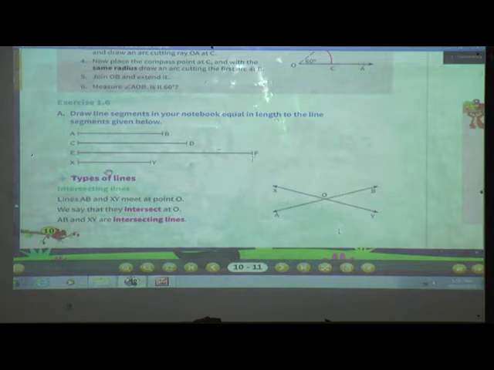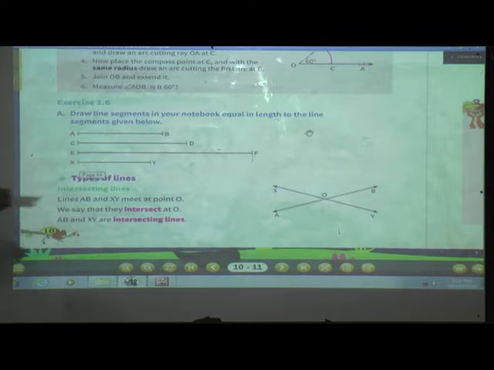What is it? Draw line segments in your notebook equal in length to the line segments given below. Here are some line segments. See. Segment AB, segment CD, segment EF, and segment XY. So what we have to do now? We have to just measure it with the help of a scale, and with that measure you have to draw it in your notebook.